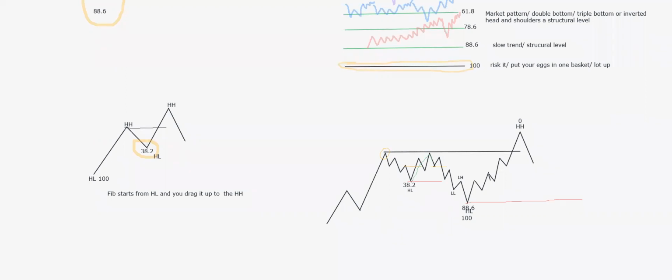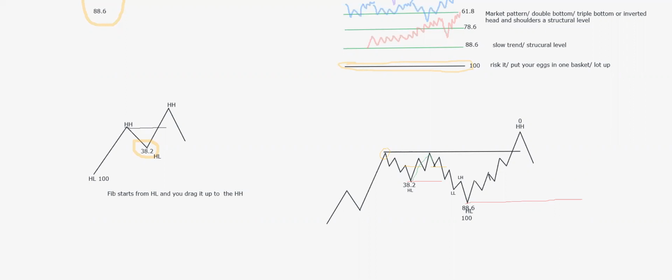Then if price does this, if it finds, no, that's ugly. Let's do it like this.